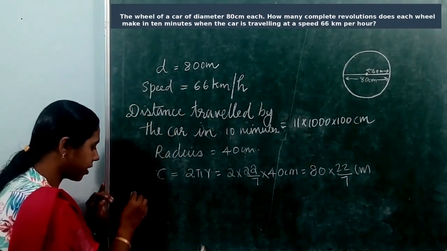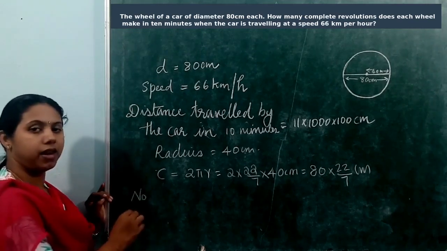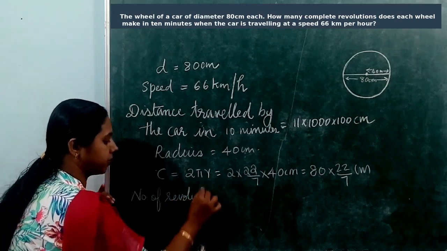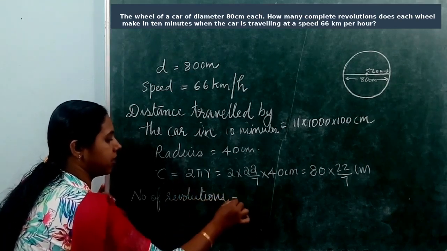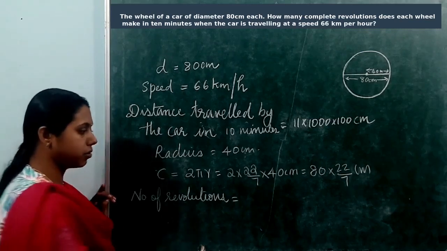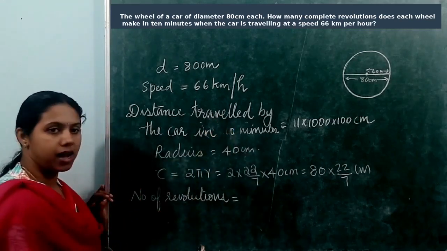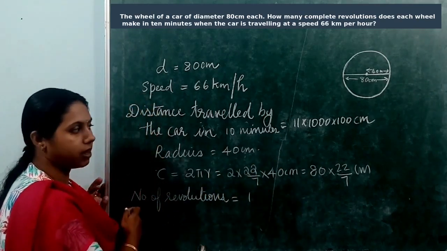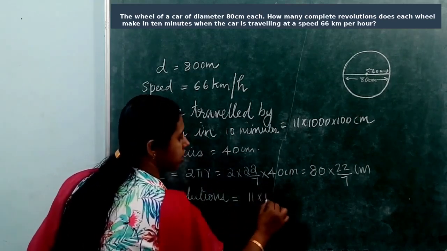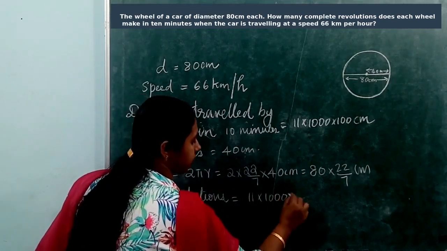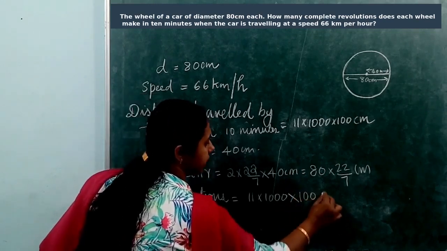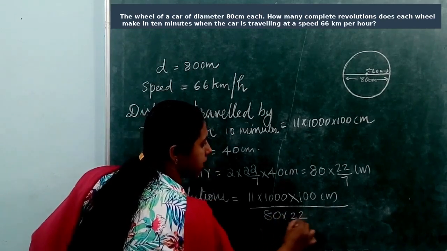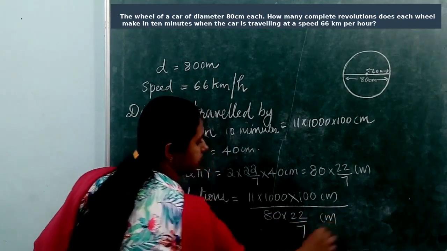So the number of revolutions made by the wheel in 10 minutes is equal to the distance travelled by the car in 10 minutes divided by the circumference of the wheel. That is 11 into 1000 into 100 centimeter divided by 80 into 22 by 7 centimeter.